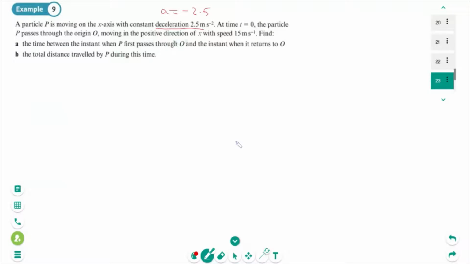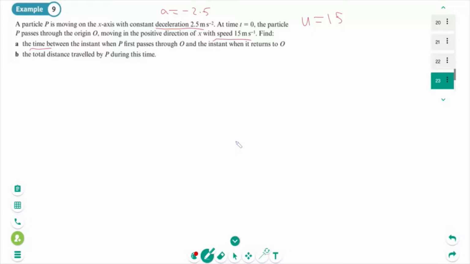So all that says, the speed at the start is 15 meters per second. That's telling me that u equals 15, the initial velocity. Find the time, so you want to find t, between the instant when P passes through the origin and the instant when it returns to the origin.